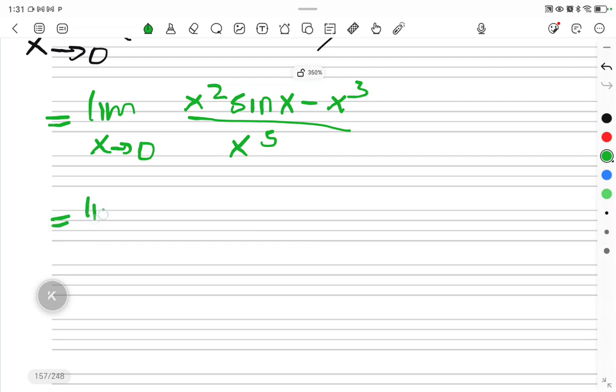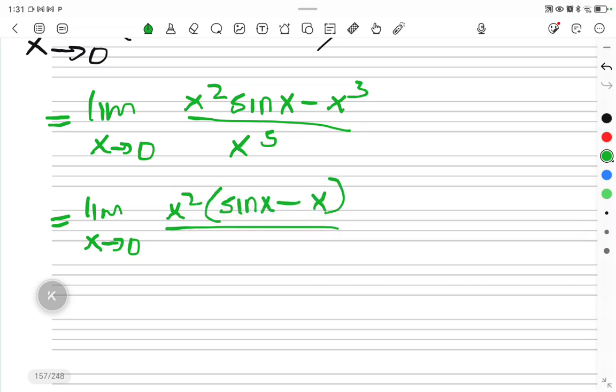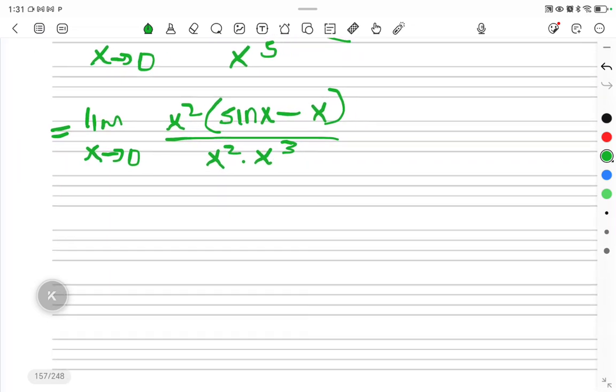We factor out x squared, sine x minus x, all over x squared times x to the third. So this will be the limit as x approaches 0 of sine x minus x all over x to the third.